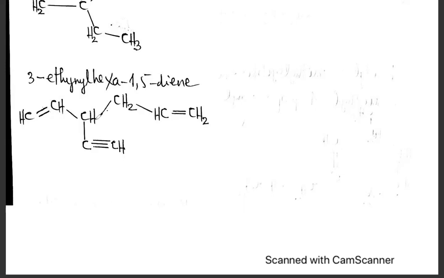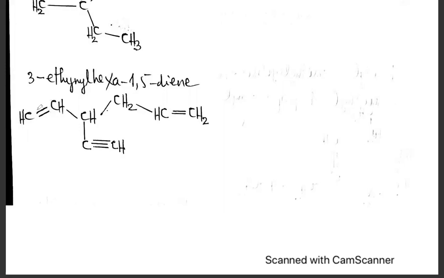So when they ask you to say which carbon here is asymmetric, a carbon that is asymmetric has 4 different substituents. And please, attention, there will never be an asymmetric carbon with a double bond. If you have a double bond, you forget about that carbon being asymmetric.